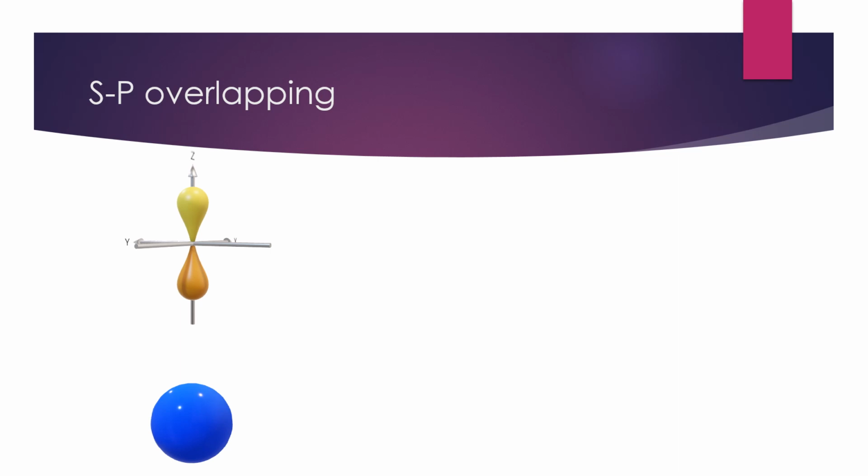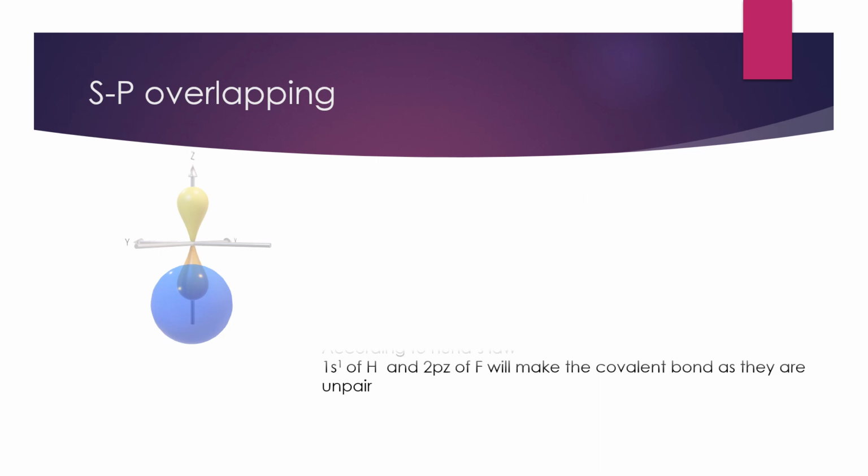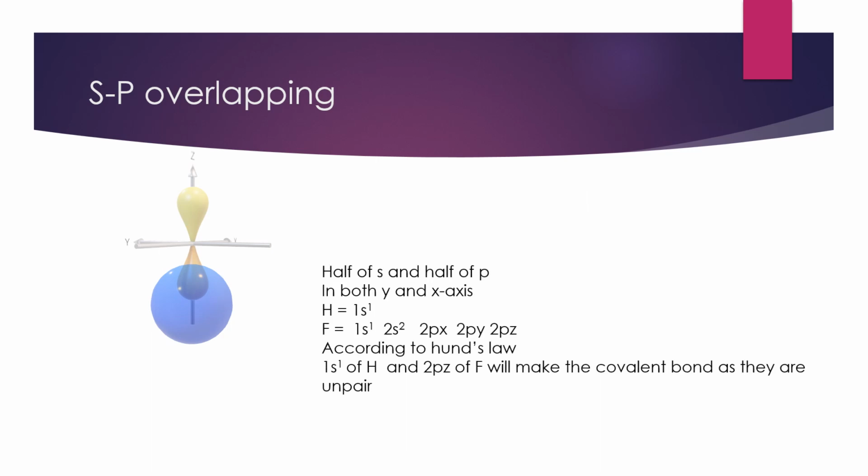Now let's talk about s and p overlapping. Here the orientation is the same. It will overlap, and there would be half of the s and half of the p, not a double dumbbell, but half of the dumbbell. Both are on the same axis, and we know the H configuration and the F configuration.